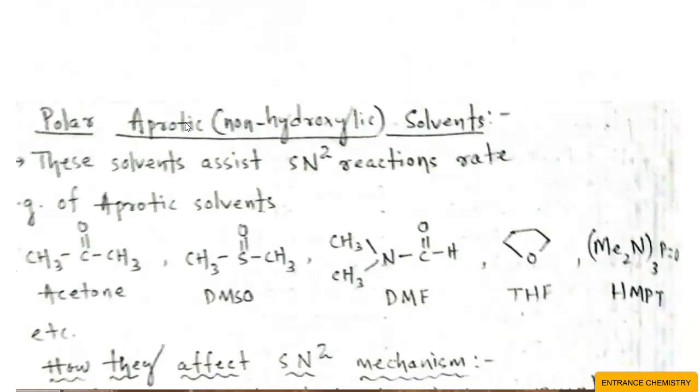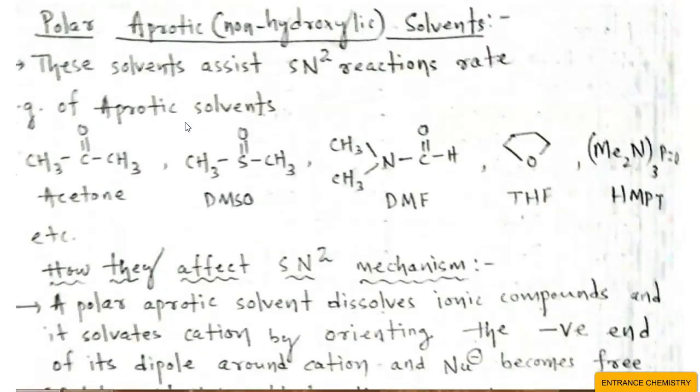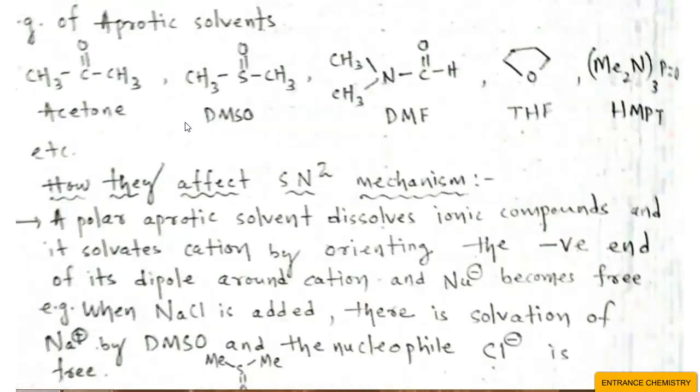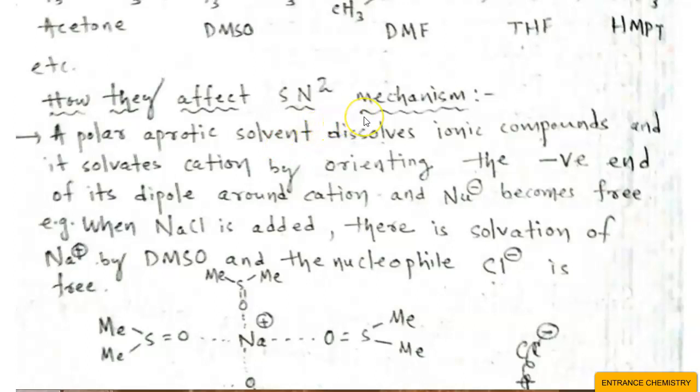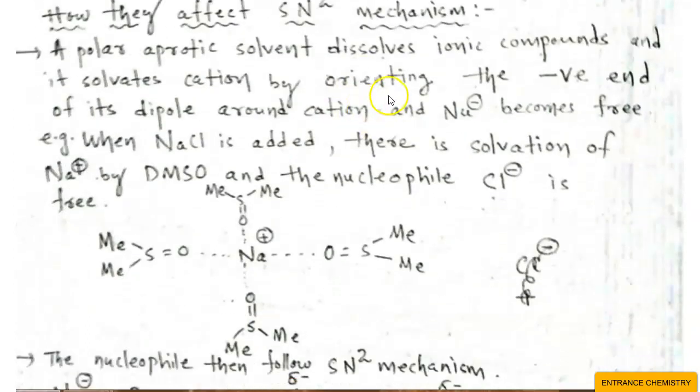But in case of polar aprotic solvents, what happens? This favors SN2 mechanism, because a polar aprotic solvent dissolves ionic compounds. Because it is polar, it can dissolve ionic compounds, but it solvates the cation like this.